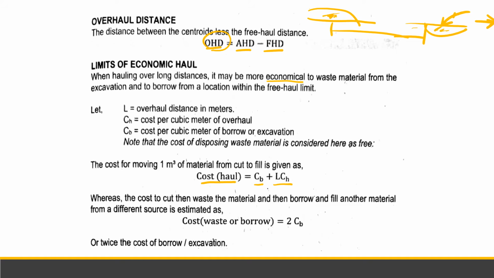Whereas the cost to cut then waste the material and then borrow and fill another material from different sources is estimated as cost of waste or borrow equals 2 times the cost per cubic meter of borrow or excavation, or twice the cost of borrow or excavation. So that is the cost of cutting and wasting the material.